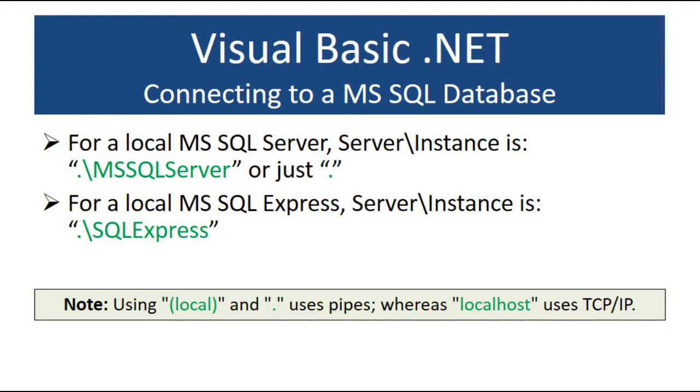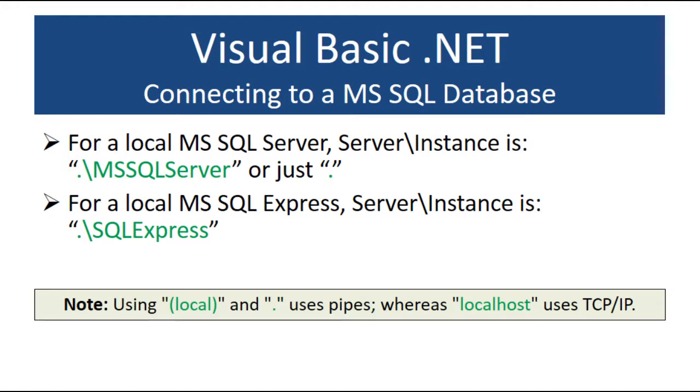Now, if it's a Microsoft SQL Server database, it would be /MS SQL Server, or just a dot, which means the local machine. This is when we have the server actually on the machine we're working with.